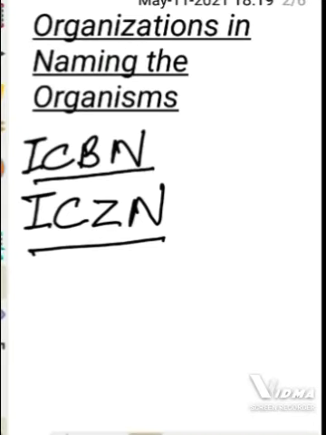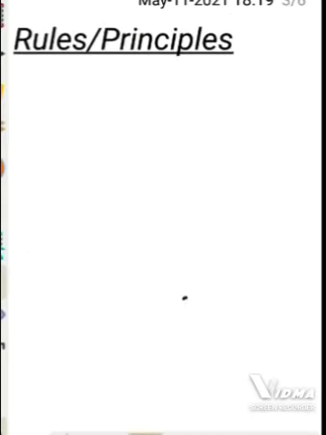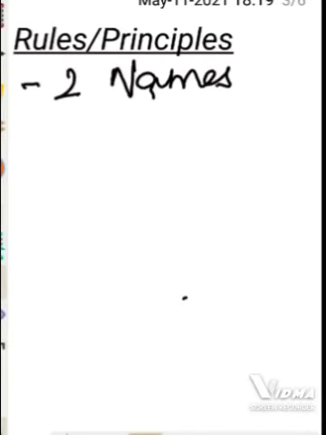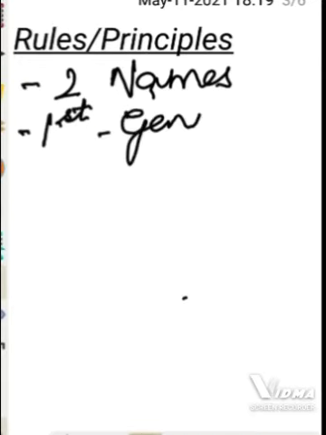So the first rule is that always two names are given to a particular species or a particular organism. The first name is the name of the genus, that is the generic name, whereas the second name is the name of the species.